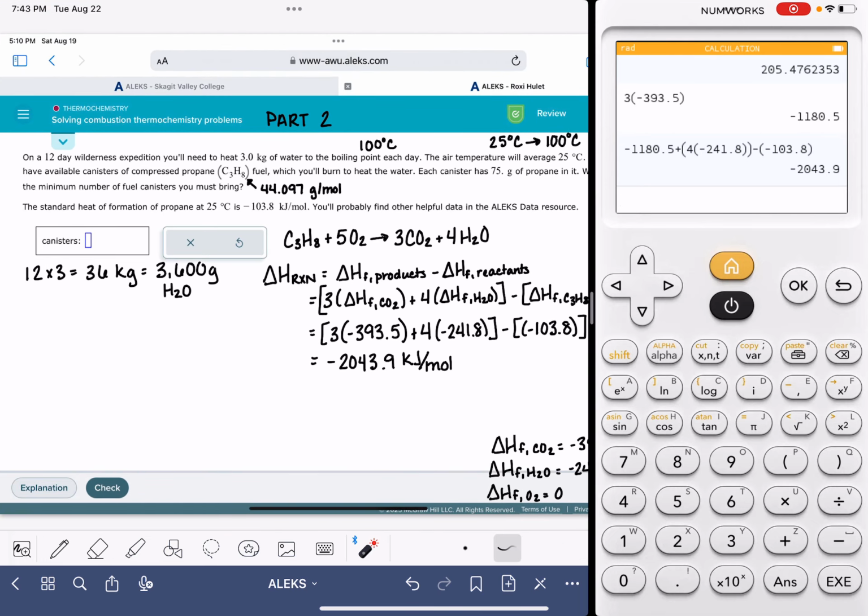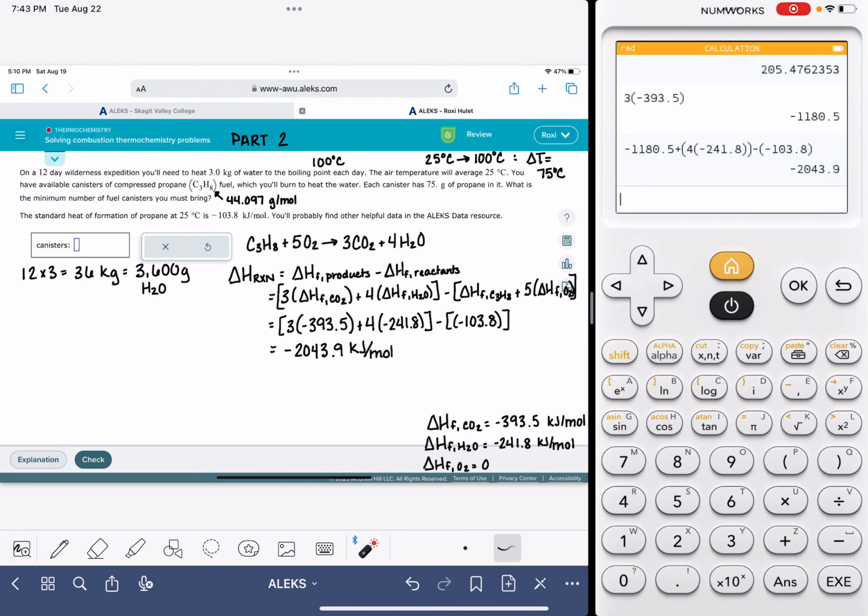To figure out how much energy we need, what we're being asked to calculate is how much energy it is going to take to raise the temperature of 36,000 grams of water by 75 degrees Celsius. I realize that I just did my math wrong there. 36 times 1,000 is 36,000.